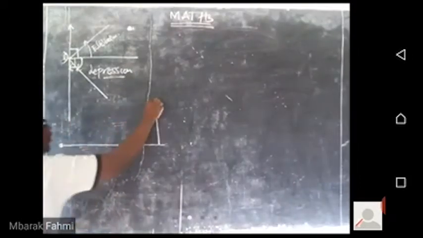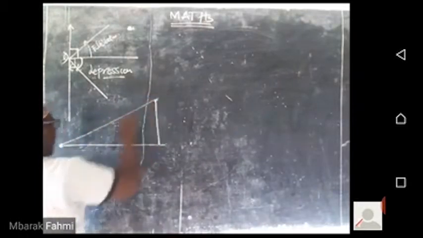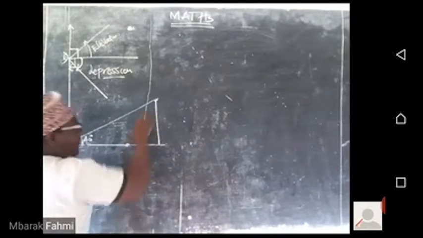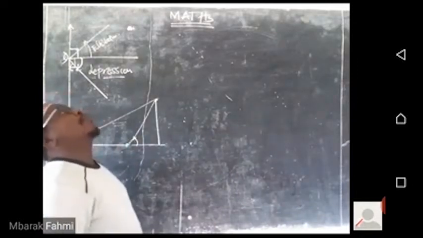So here, if somebody is looking at this bird from this position, let's say this angle can be 40 degrees. But when you are here, looking at the same position of the bird, this angle will be much higher because you will tilt your head more and more.